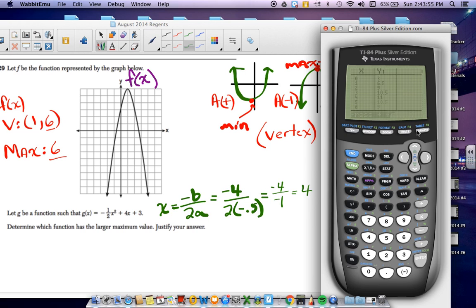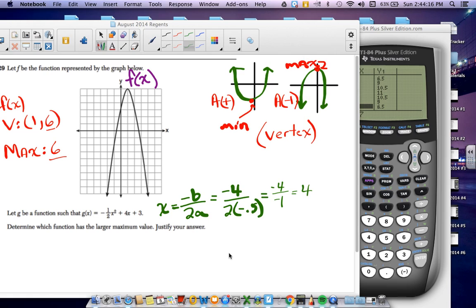And now we're going to go to our table, and I'm looking when x is 4. Let's just double check that we see some symmetry here, that it is correctly our vertex. When x is 4, we see 11, and then notice the values on either side, how they're descending in the same order: 9, 9, 6.5, 6.5. So (4, 11) is correctly our vertex.